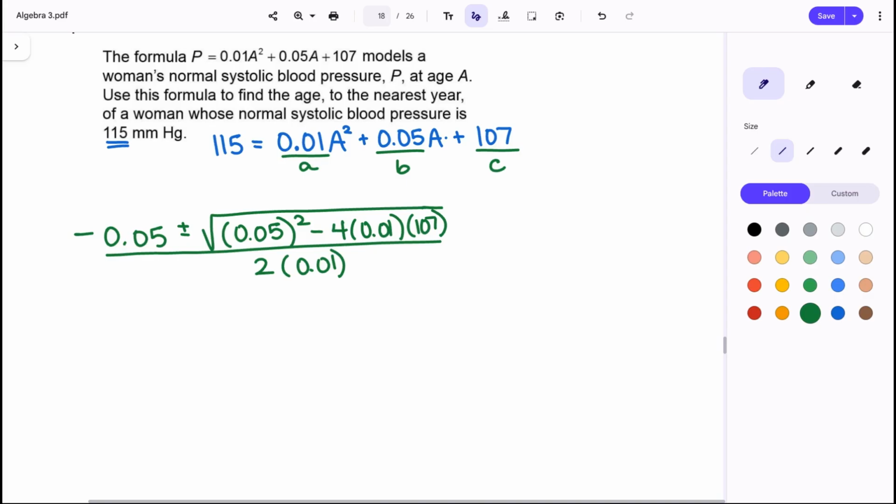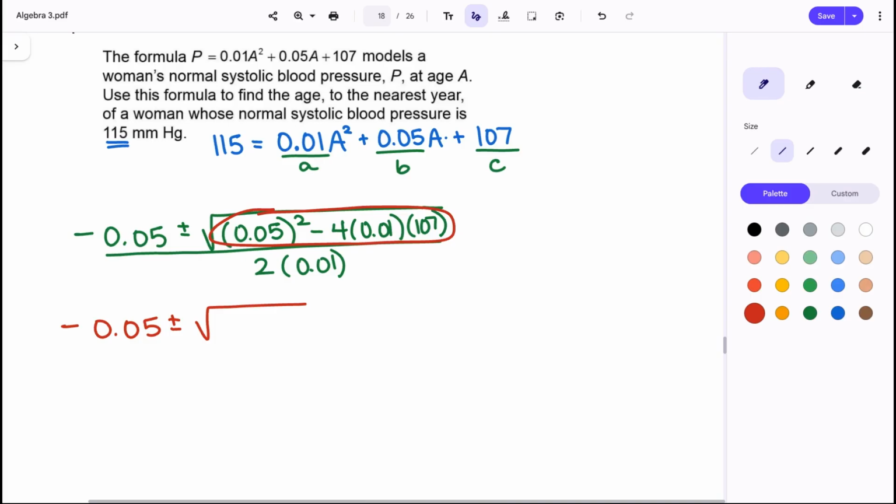All right, let's just clean up the square root portion. I would just use your calculator there. Take that 0.05, square it, and then subtract 4 times 0.01 times 107. You might have to round it.